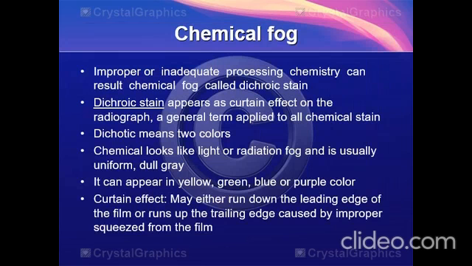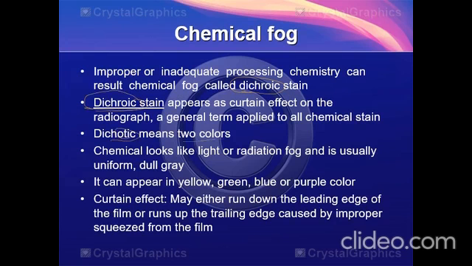Next is the chemical fog. Improper or inadequate processing chemistry results in a chemical fog, and this is referred to as a dichroic stain. When we say dichroic, it means two colors. Okay? This appears as a curtain effect on the radiograph, a general term applied to all chemical stains. So this is dichroic, not dichotic. This one is correct.